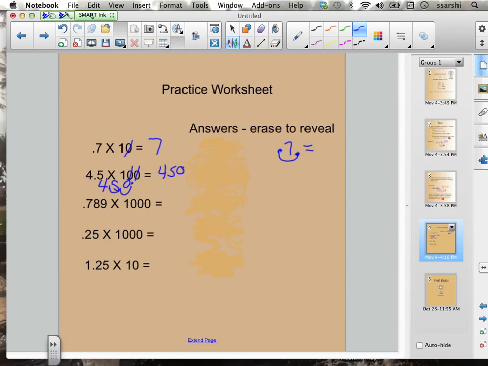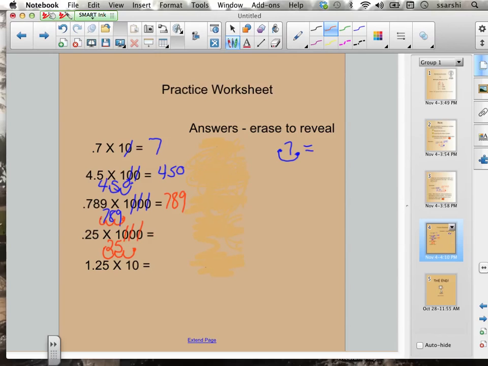0.789 times 1,000. 0.789. Count the zeros. I'm going to change colors. 1, 2, 3. I'm going to have 789. 0.25 times 1,000. 0.25, 1, 2, 3.